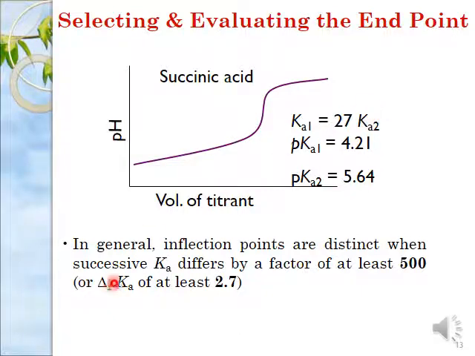Generally, we need the pKa difference to be at least 2.7, or a factor of at least 500, so we can visibly see the different inflection points. Otherwise, like the case of succinic acid here, the first and second inflection points merge. Too close.